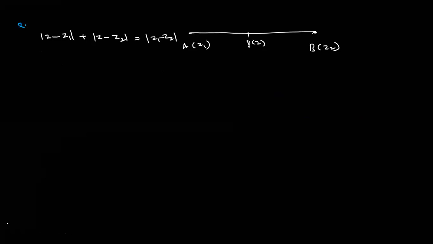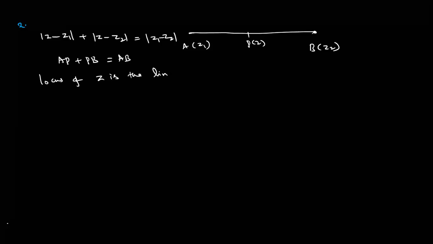What is the meaning? AP plus PB is equal to AB. What is the meaning, dear students? So the locus of Z is the line segment joining Z1 and Z2. It's a line segment only.